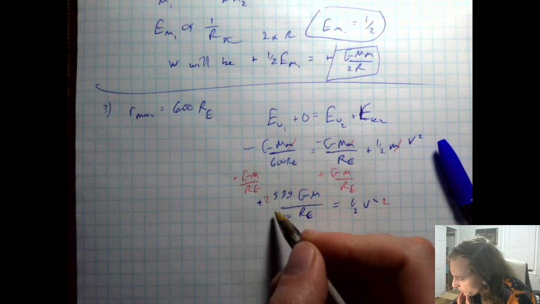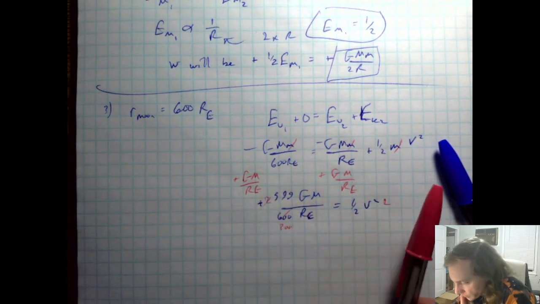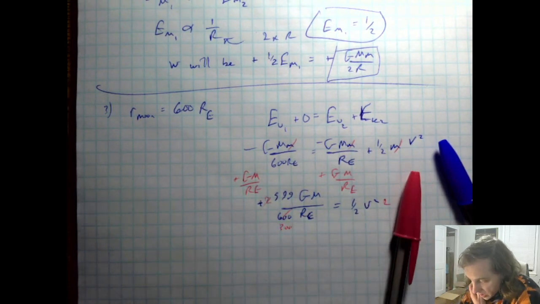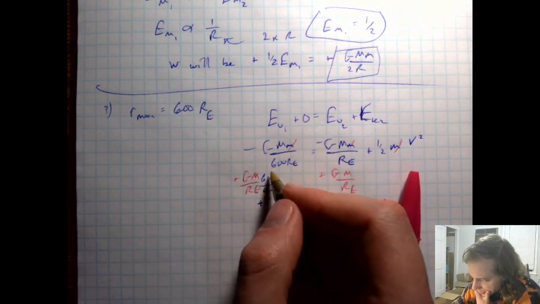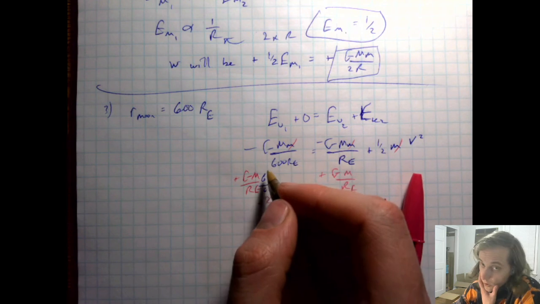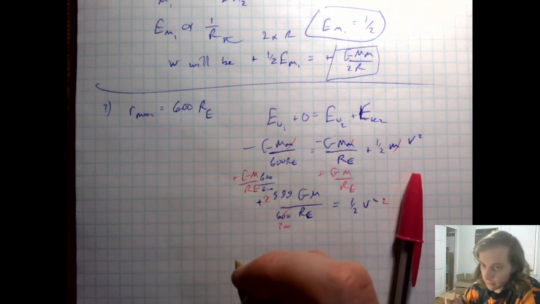Multiply each side by 2. Where I'm getting that from, by the way, is that this is equal to 600 over 600, so 600 over 600 minus 1 over 600 gives us 599 over 600.